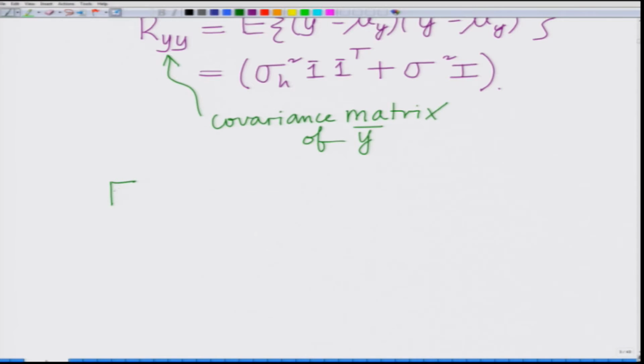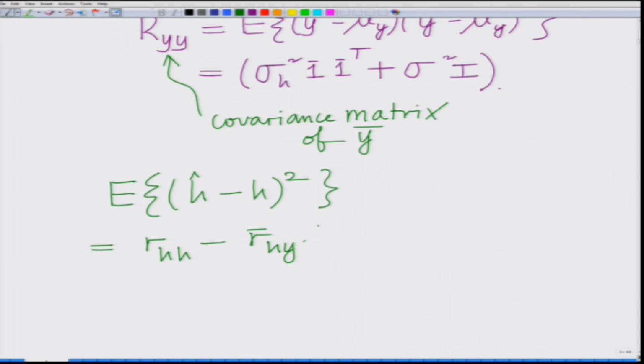So the MSE is basically given as the expected value of (h hat minus h) whole square, which we have already said is R_hh minus R bar_hy times the inverse of the covariance matrix R_yy times R bar_yh, which is R bar_hy transpose.